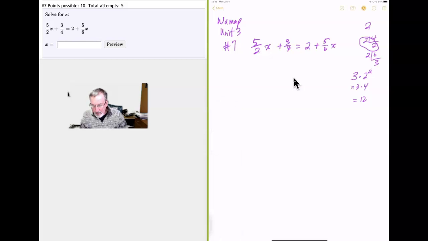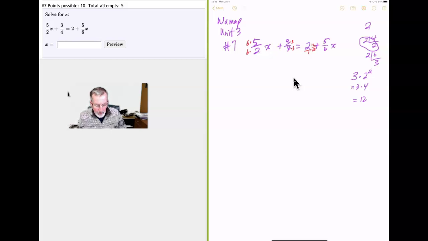So what you can do, you can convert fractions to equivalent fractions without changing their value. So if we were to take this first fraction, and we want all of these to have a denominator of 12, we can multiply the top and the bottom by 6. And this one we can multiply the top and the bottom by 3. And the whole number we can multiply by 12 over 12, assuming that 2 can be written as a fraction as 2 over 1.